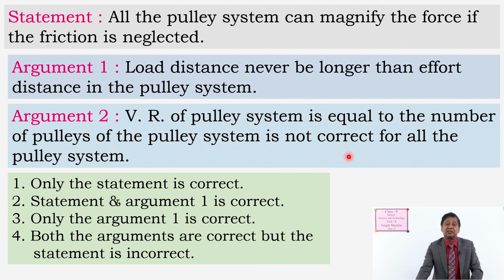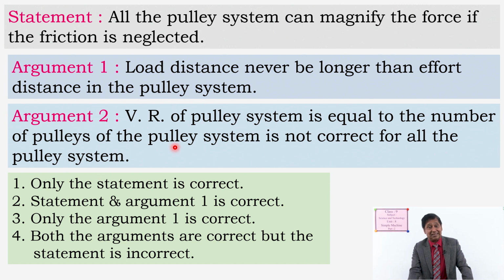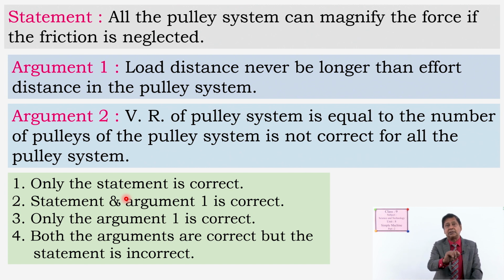VR of a pulley system is equal to the number of pulleys is not correct for all pulley systems. Yes, I told you previously that in some cases we cannot decide the velocity ratio by looking at the number of pulleys. For example, a single movable pulley has velocity ratio 2, but the number of pulleys is 1. So argument 2 is also correct. That's why among these 4 options, the fourth one we will tick.